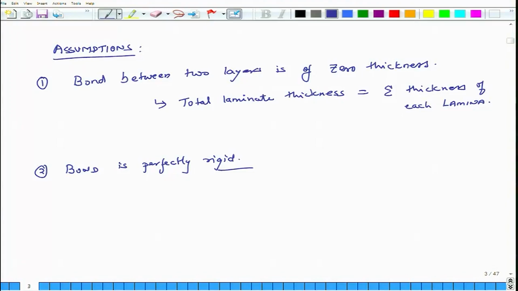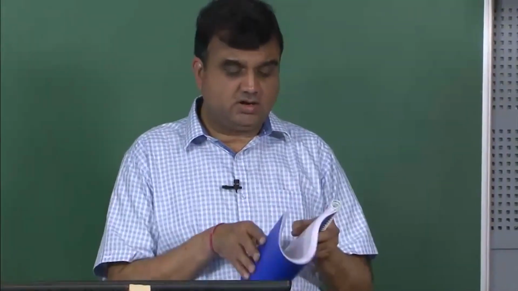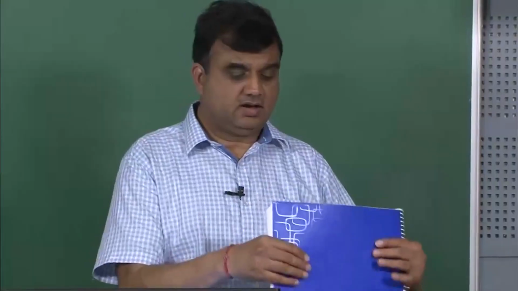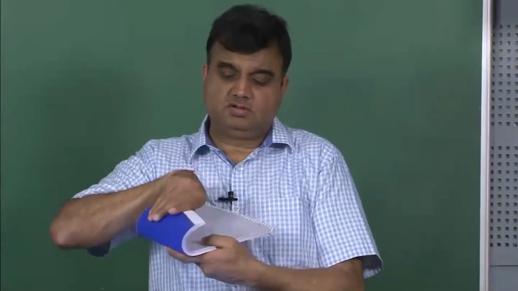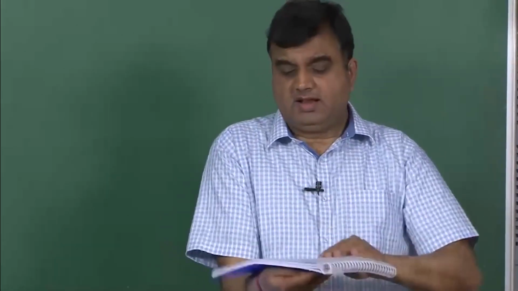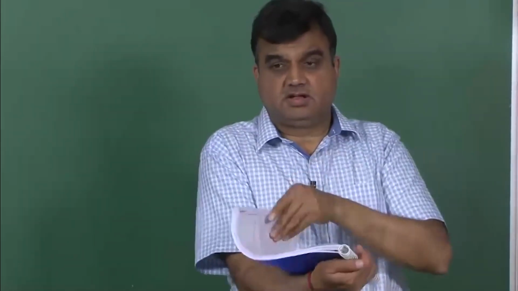So, consider this book, and just assume that each of these pages is an individual layer or a lamina. Now, if the bond was non-existent, then as I bend this book, one layer slides on top of the adjacent layer.